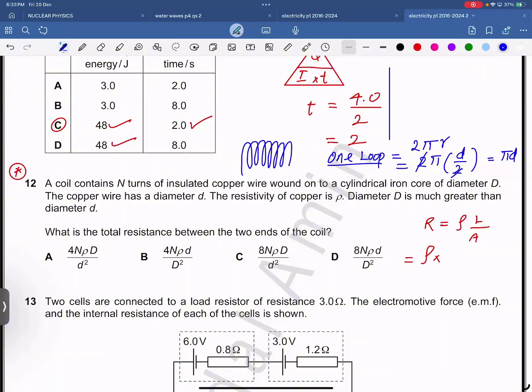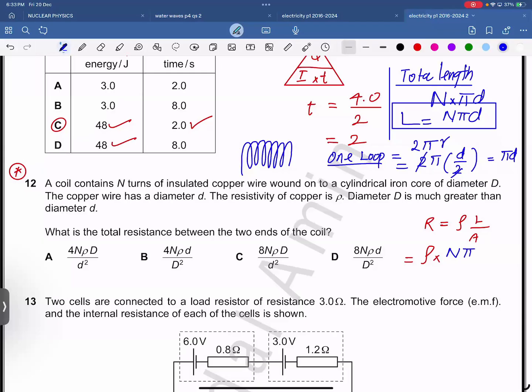So the total length will be how much? It will be N multiplied by pi D, because the length of wire for one loop is pi D and the total number of loops is N. So instead of length, you put N pi D divided by area.